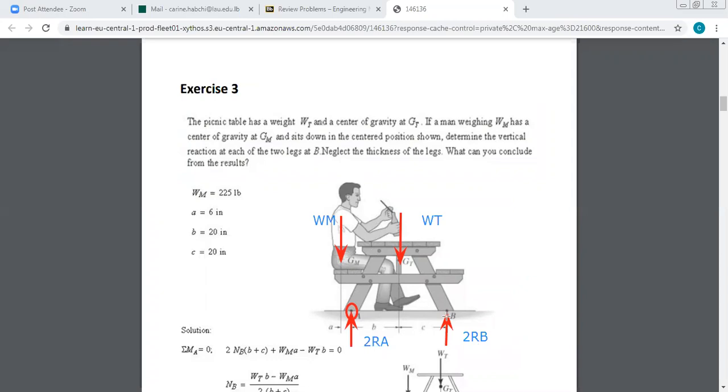So what we can do here is say that the sum of moments about A equals 0. Let us choose a positive direction. We can choose the counterclockwise direction as positive. What do we have?